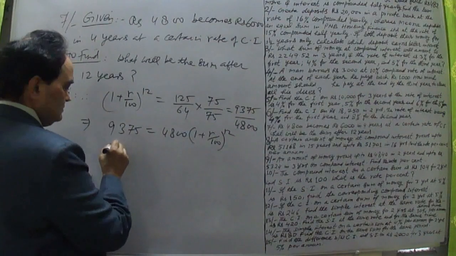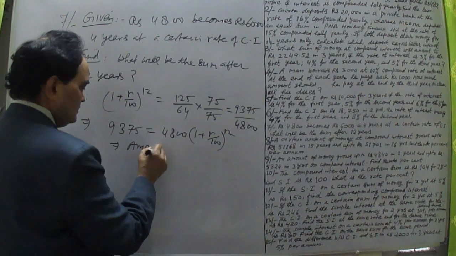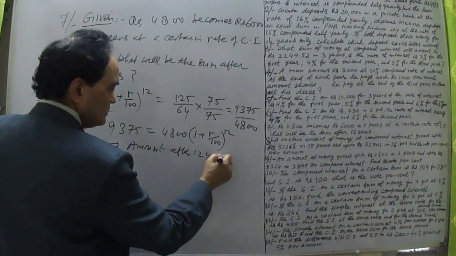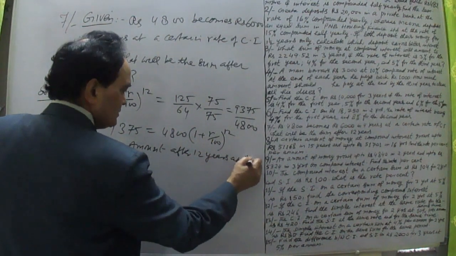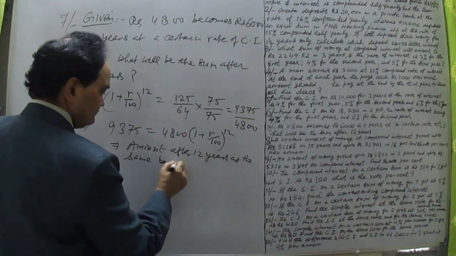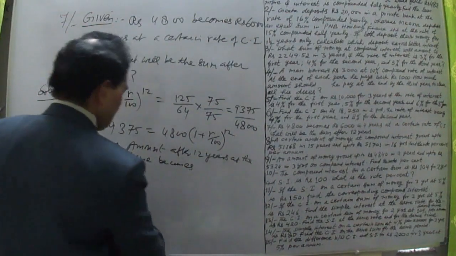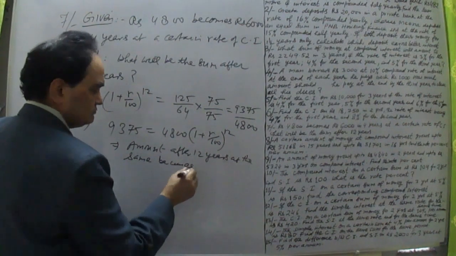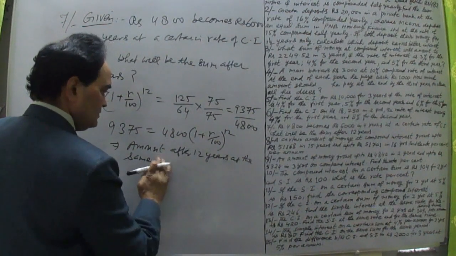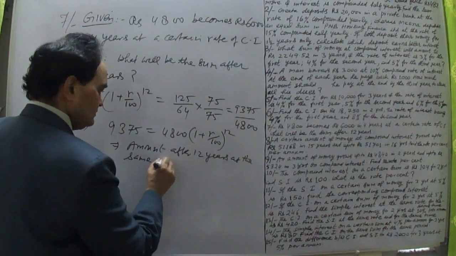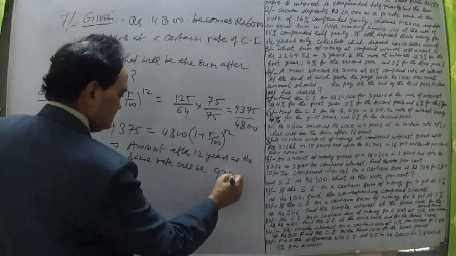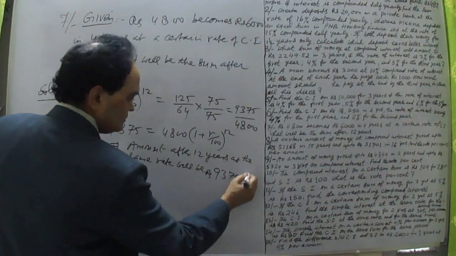Therefore, the amount after 12 years at the same rate will be 9,375 rupees. This is the answer.